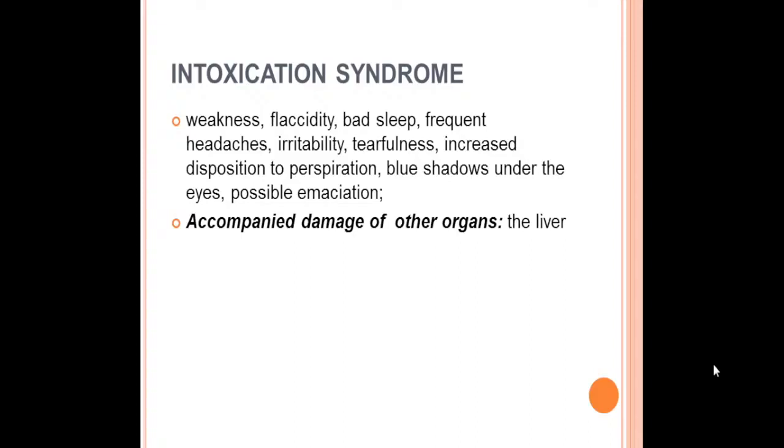It may be weakness, flaccidity, bad sleep, frequent headache, irritability, tearfulness, increased disposition to perspiration, blue shadows under the eyes, possible emotional lability, and accompanying damage of other organs. It may be the liver, pancreas, gallbladder.